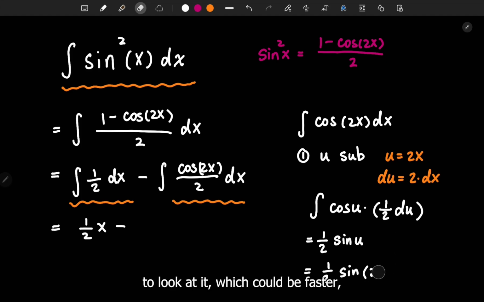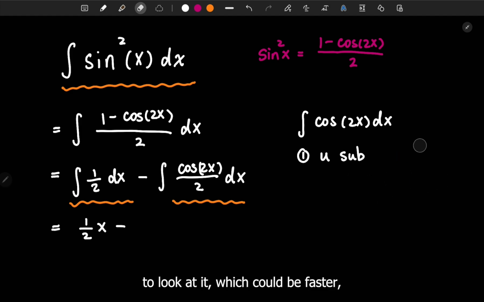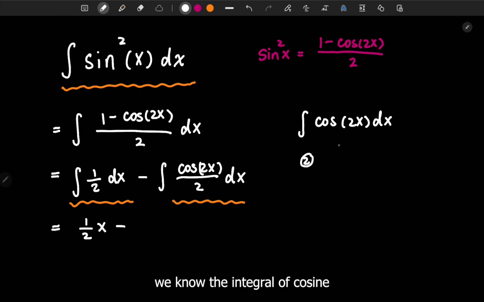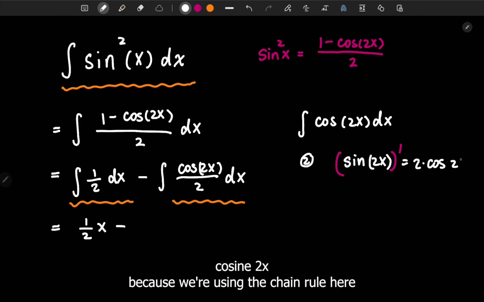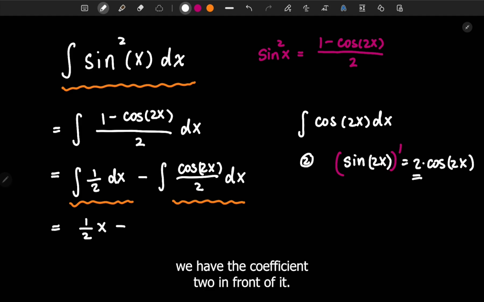Another way to look at it, which could be faster: we know the integral of cosine 2x has to include the term sine 2x. But we were unsure about the coefficient. So if we take the derivative of sine 2x, we would get 2 times cosine 2x, because we're using the chain rule here, so we have a coefficient 2 in front of it.